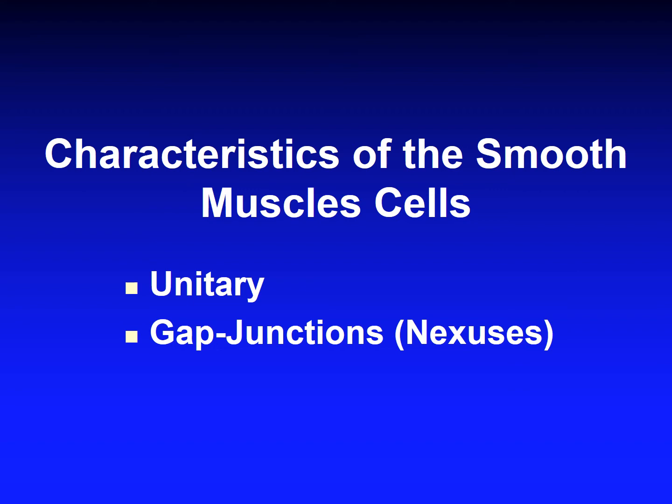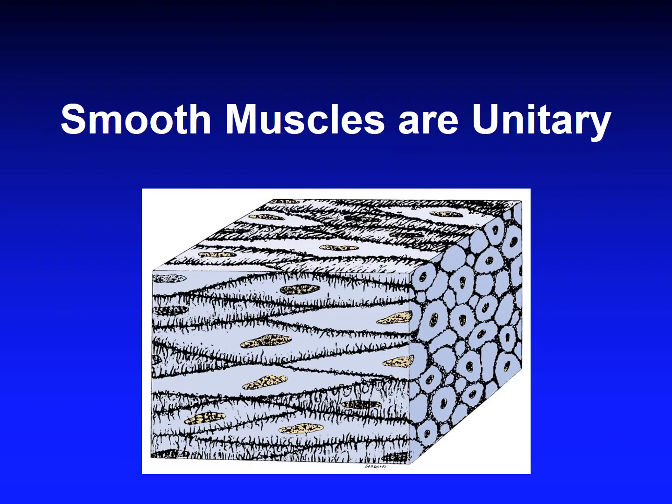So the first characteristic of the smooth muscle cells is that they are unitary type, as this picture depicts. They are organized like units.